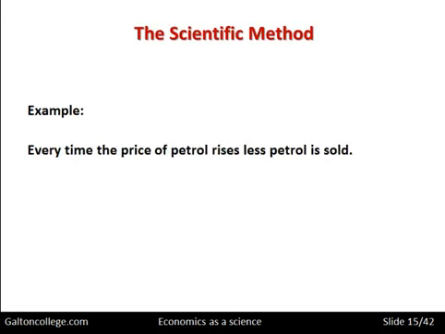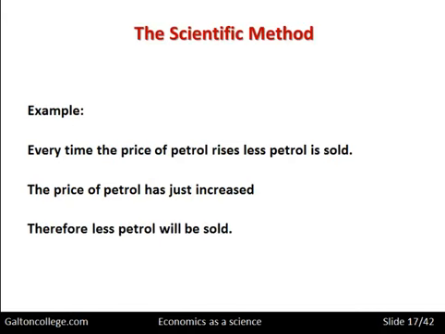For example, every time the price of petrol rises, less petrol is sold. Now that's our statement. Every time the price of petrol rises, less petrol is sold. Then we go on to say the price of petrol has just increased. Therefore, less petrol will be sold.